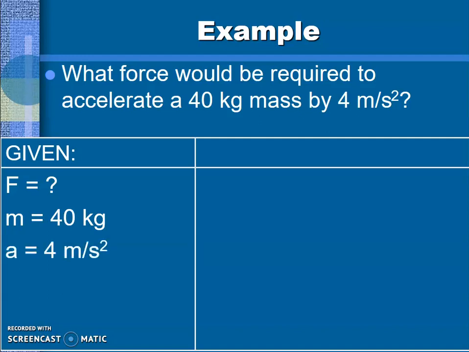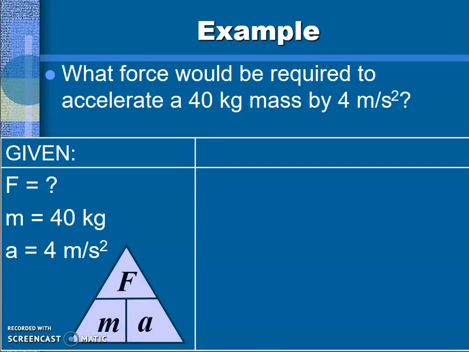And I know where these go based on those units. I know that kilograms are for mass. I know that acceleration is always meters per second squared. So that's how I know where they go. So I have force, I have mass, I have acceleration. So I look at my equation sheet and I see what equation I have that has these factors.